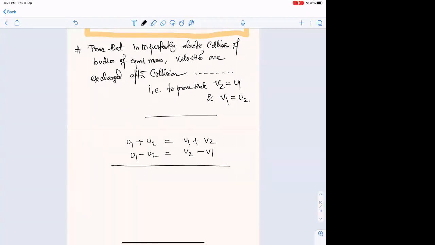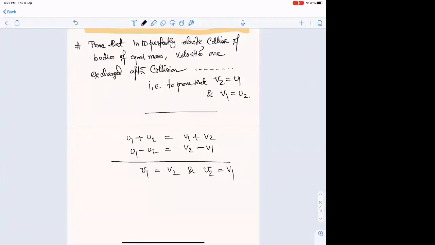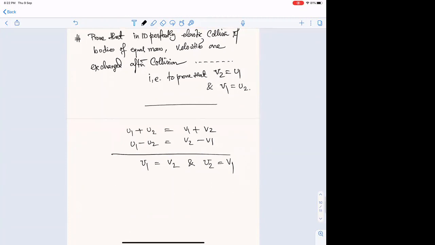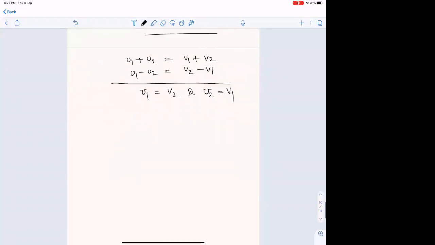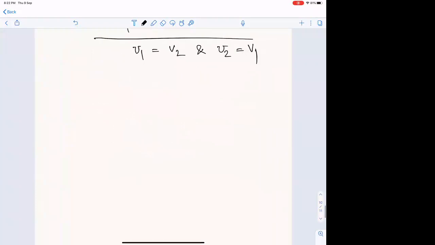Just add, you get u1 equal to v2 and u2 equal to v1.